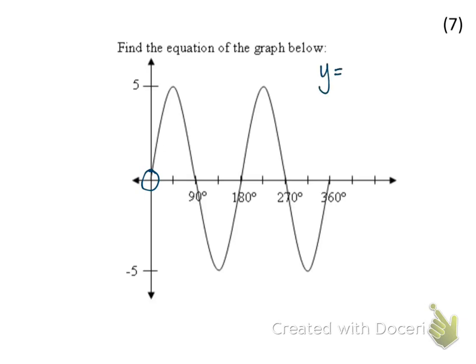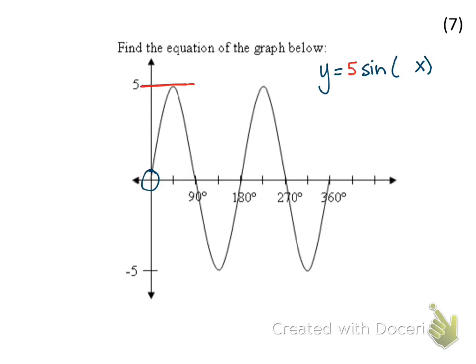So I have y equals some sort of an a value times sine of some sort of a b value times x. So once again, to find the amplitude, we look at the height of our wave, which is 5. So our amplitude is going to be 5. For our b value, we can look at our formula again.